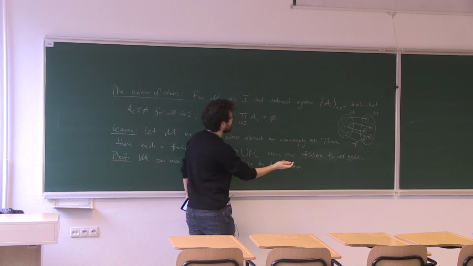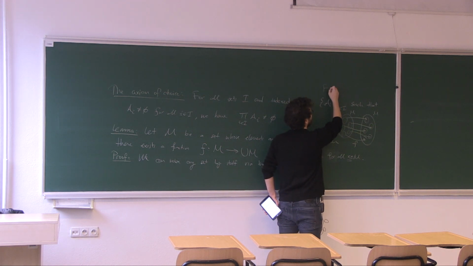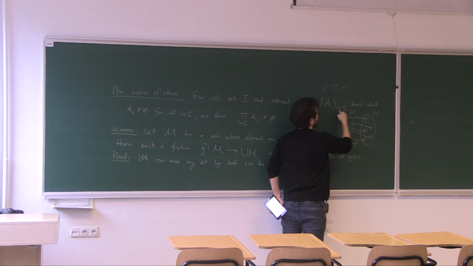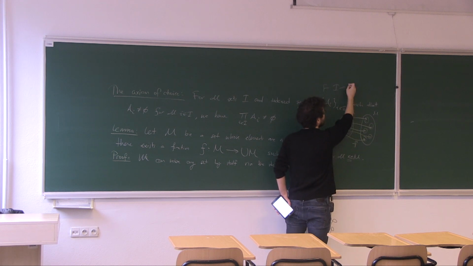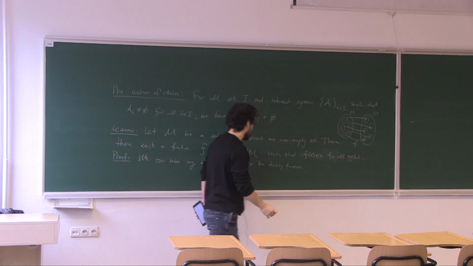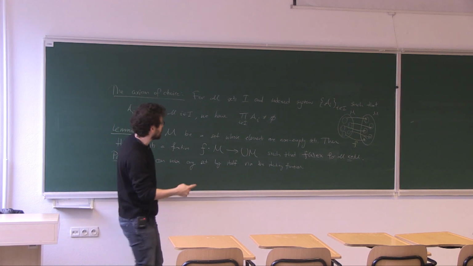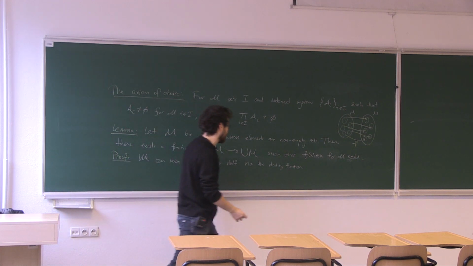Now, what's an index system of sets? This is supposed to be some function from the index set to something, and the something contains all these sets A_i. Now, notice that I can turn any set into an index system of sets by the identity function.